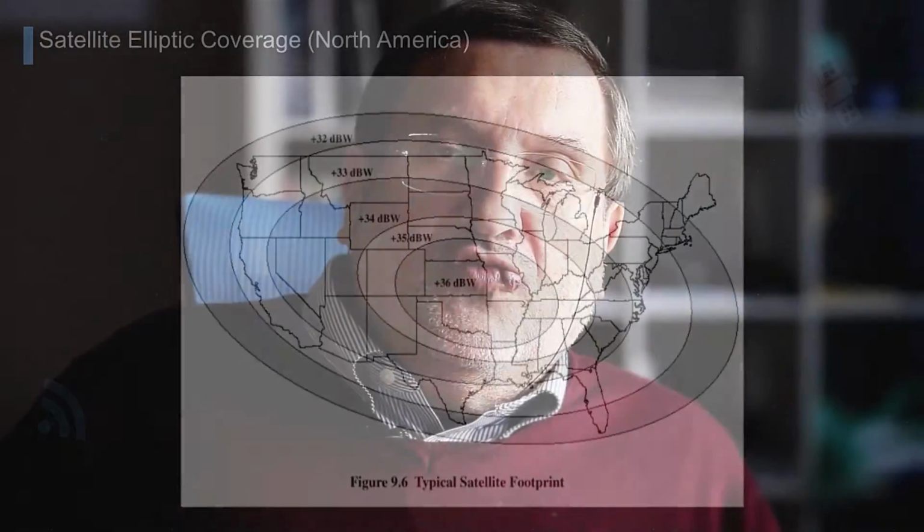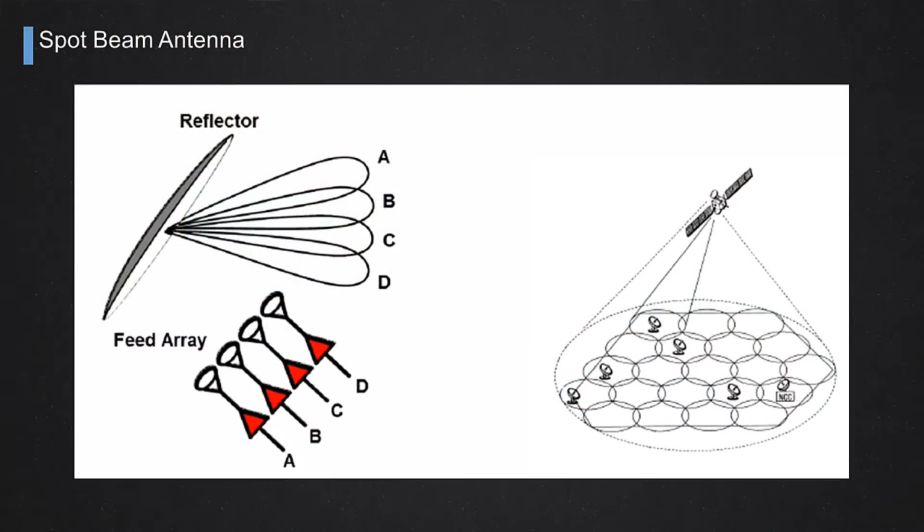If I want to further increase my gain, we said I have to go for smaller and smaller spot beams. And here in this slide we see how the spot beam coverage is realized. So I imagine I want to realize many such spot beams to cover my area of service. Then I introduce the concept of reflector antennas. We'll look at it in more detail in a few minutes.